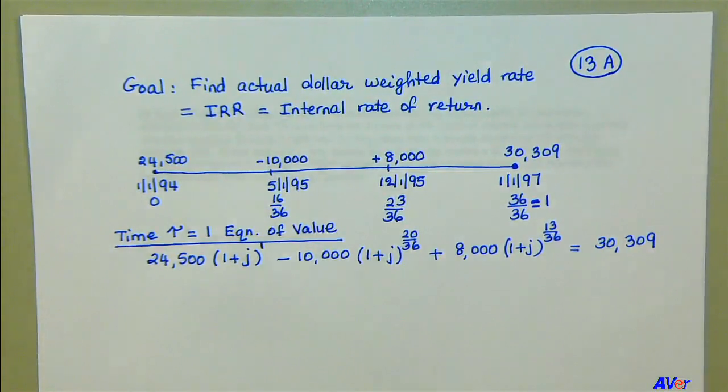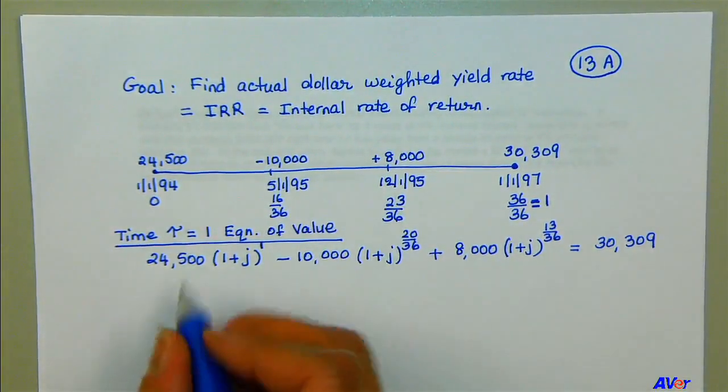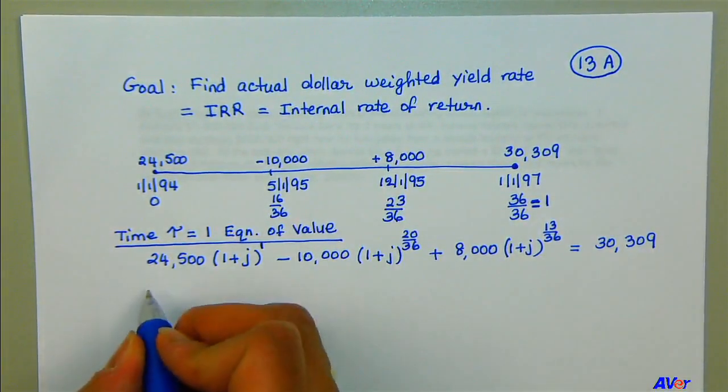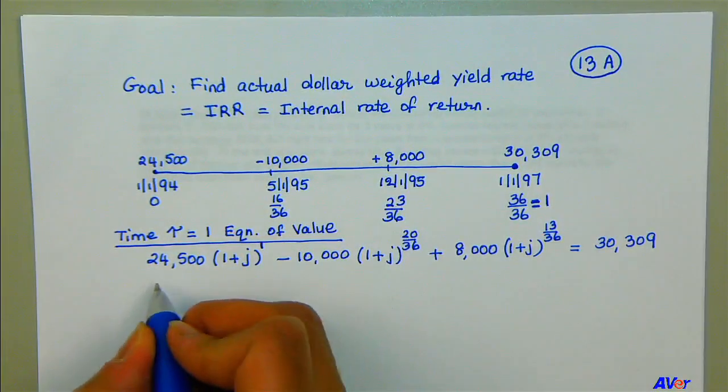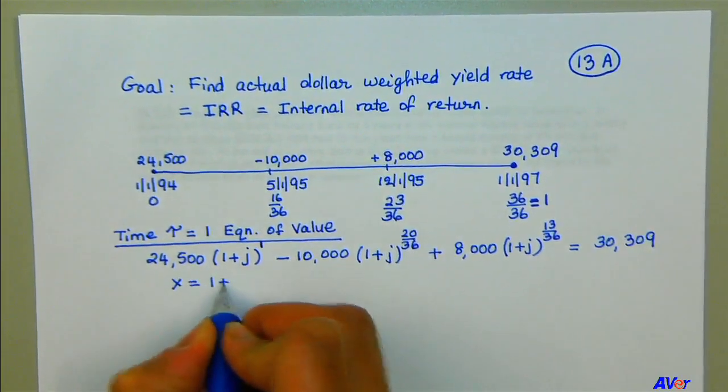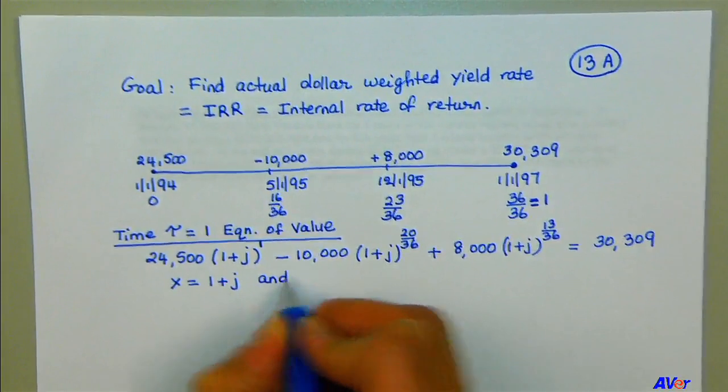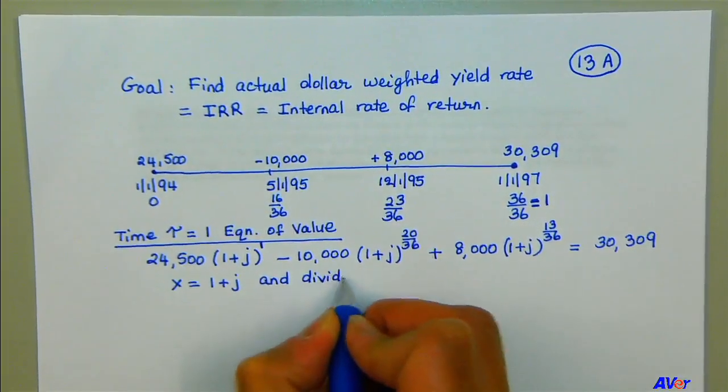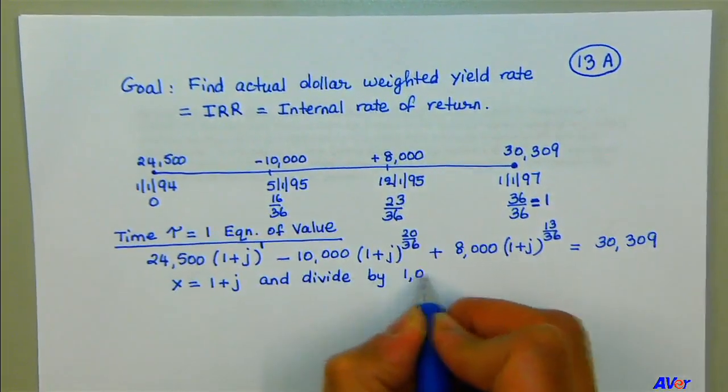Can we clean this up? Let's divide by 1,000. And what should we say? X equals 1 plus j. Let x equal 1 plus j and divide by 1,000.